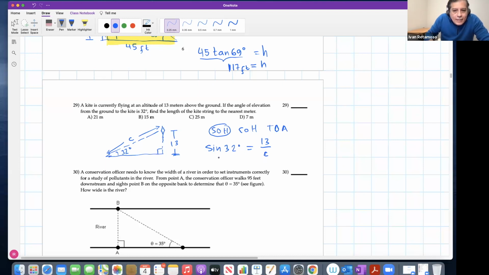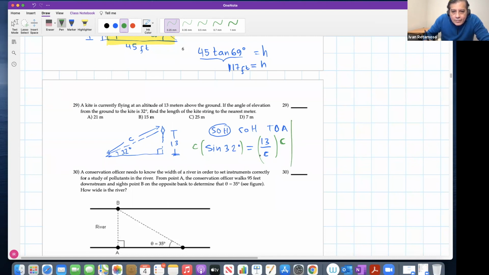Now, this sine of 32 degrees is just a number, guys. It's a real number, some decimal there. Treat it as a number. One thing you can do is multiply both sides of this equation by C. That way, this C is going to appear over here.